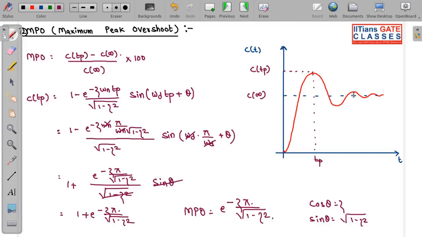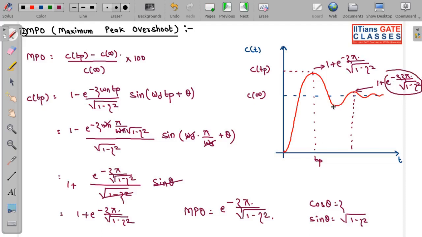Similarly, the value at the second overshoot will be 1 plus e to the power minus 3 zeta pi divided by under root of 1 minus zeta square. So similarly, the maximum peak overshoot over here will be this value. Like this, you can calculate the maximum peak overshoot, and even the undershoot.